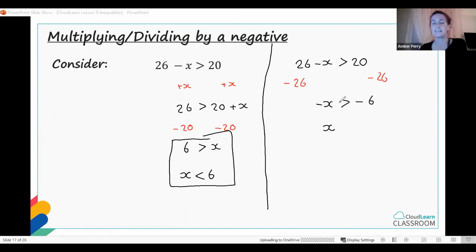Now, if minus x is greater than minus 6, x must be less than 6. If we just think about how that works, imagine x was 3. Minus 3 is greater than minus 6, but positive 3 has to be less than 6. If we think about how numbers work, we can see that that has to be the case.